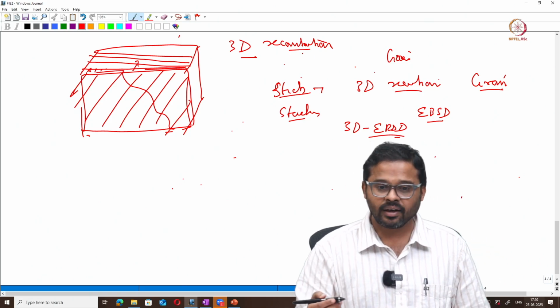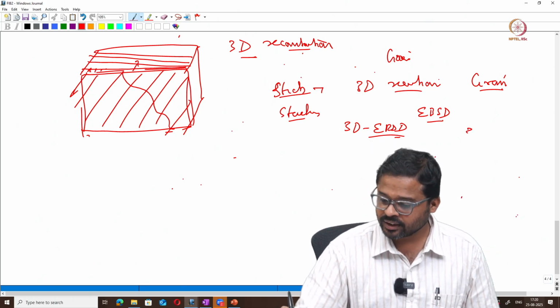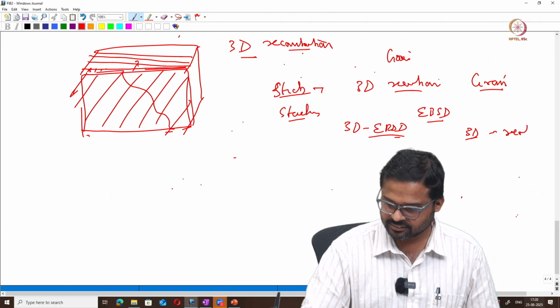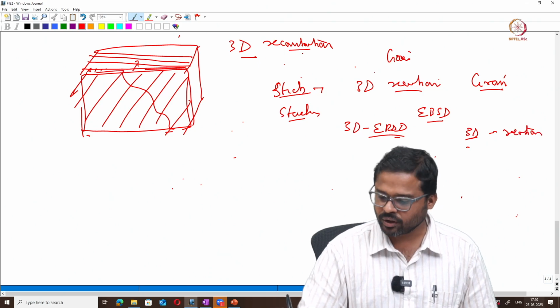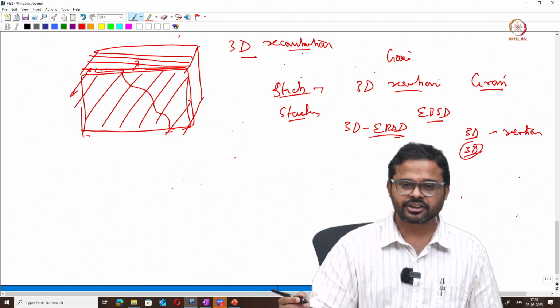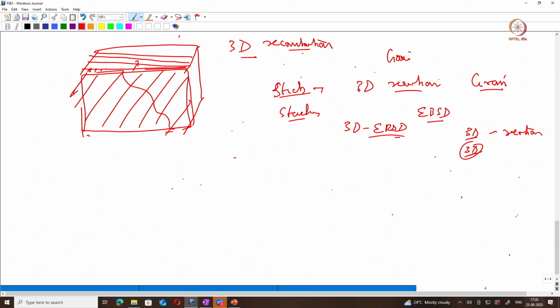It's a powerful tool where you can do the 3D reconstruction or 3D tomography, either the EBSD maps or the grain orientation maps, or also the imaging 3D reconstruction of the features which are inside the surface. So this is your top surface, this is your bottom. Okay, so by using the FIB, we can do the 3D reconstruction.